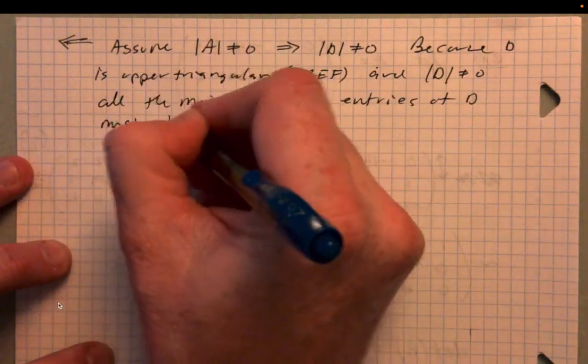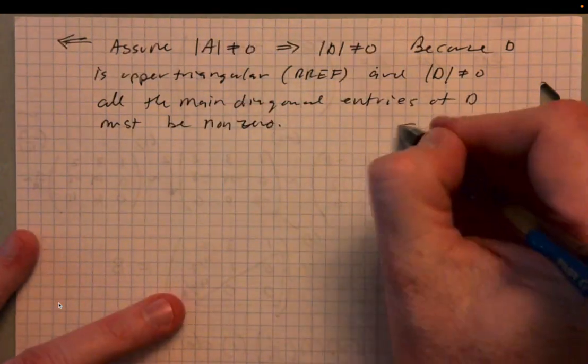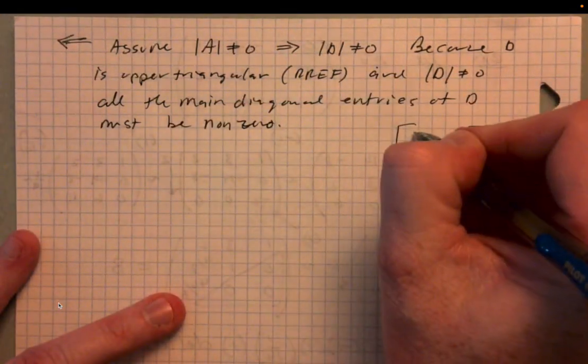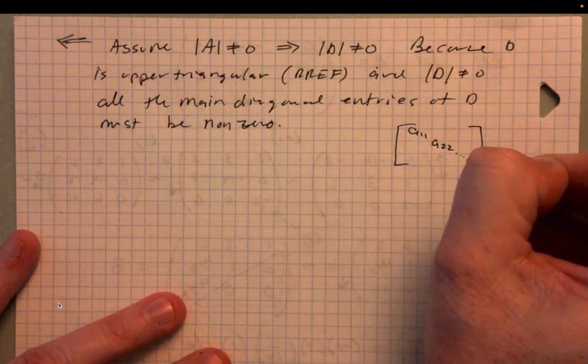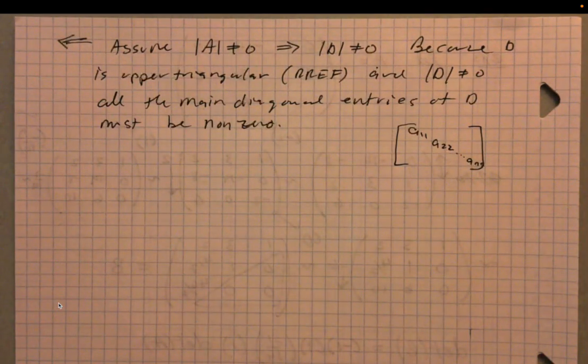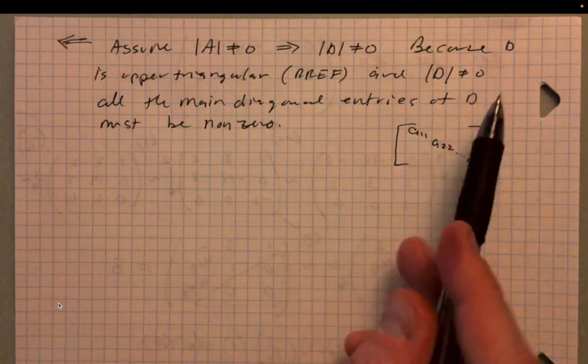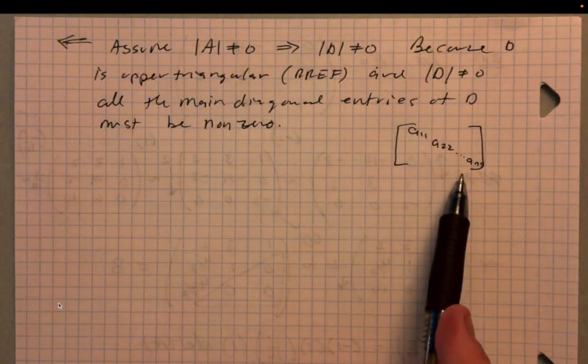They must be non-zero. Now imagine if I have some matrix with diagonal entries A11, A22, ..., ANN. If any one of those is 0, then the determinant is automatically 0. But we know that the determinant is non-zero. That means none of these can be 0.